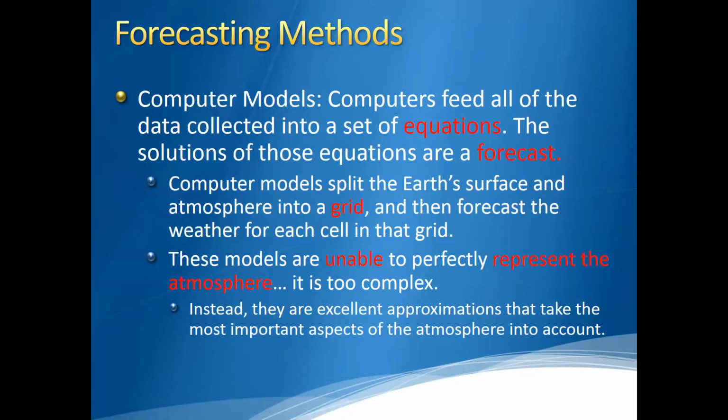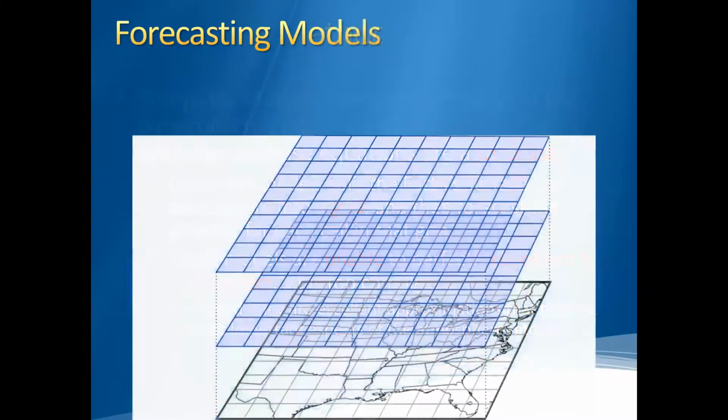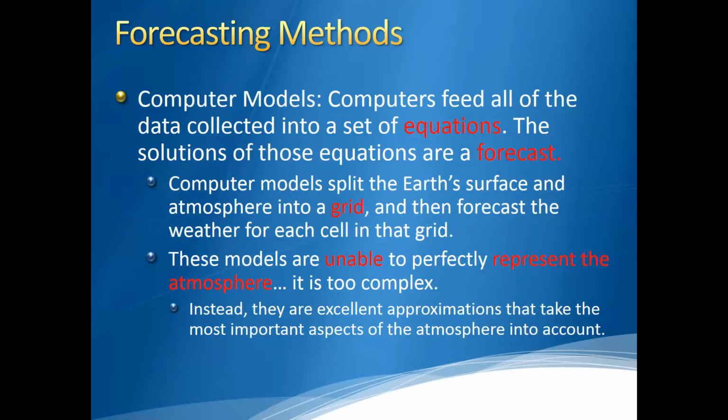And the way that computer models do this is they run these equations not just over one large area, but they take that area and they split it up into many different smaller areas called grid boxes, also known as cells. And for each one of these grid boxes, a forecast is created.